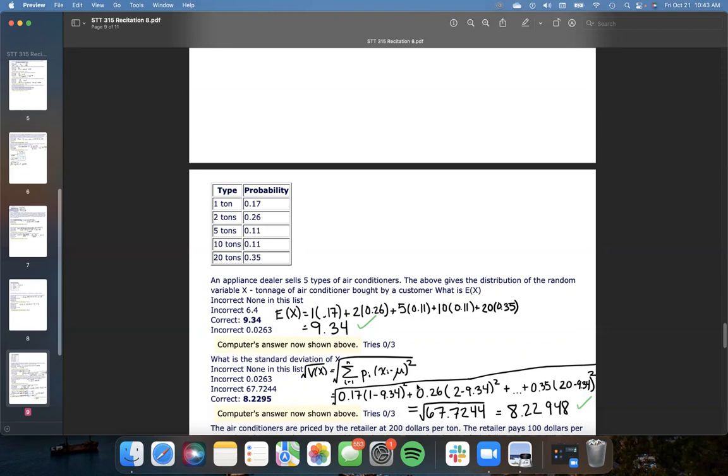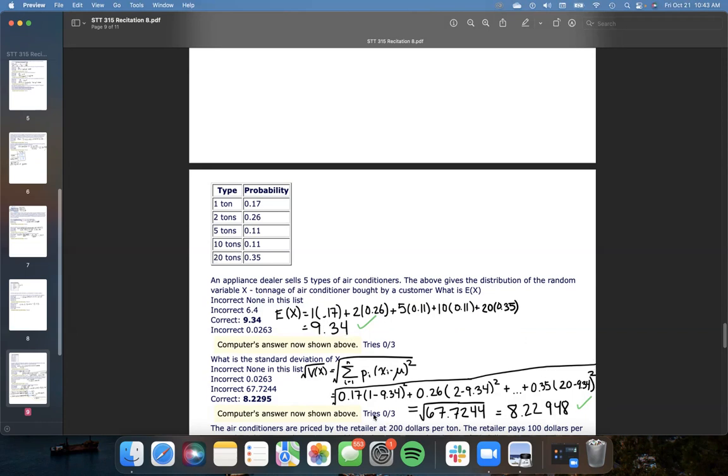When i equals 2, our probability is 0.26, and our xi is 2 tons, so 2 minus 9.34 squared. Then we keep going down the row all the way to the last, which is 0.35 as our probability, times our X of 20 minus 9.34 squared.